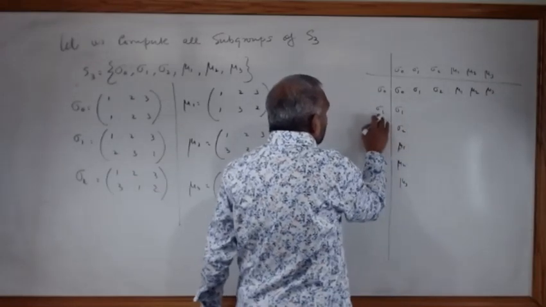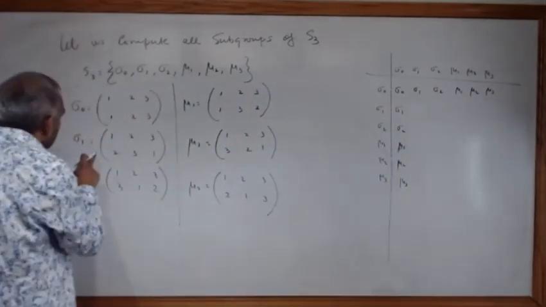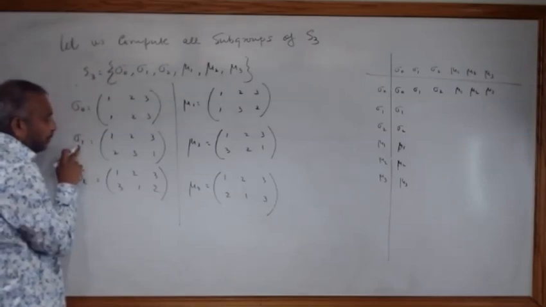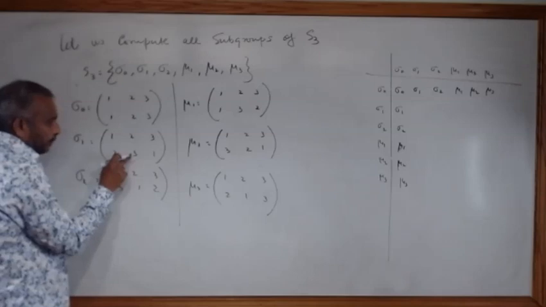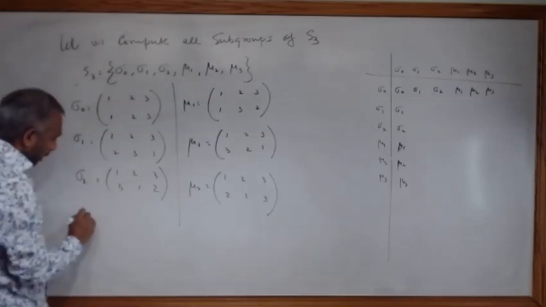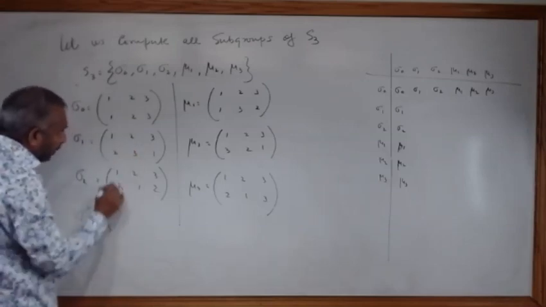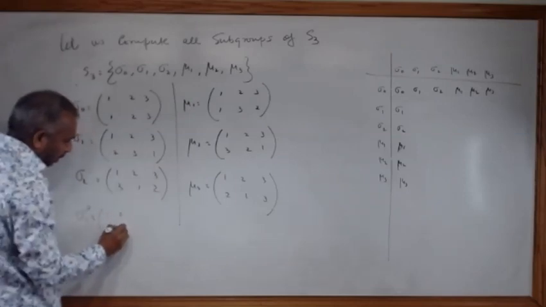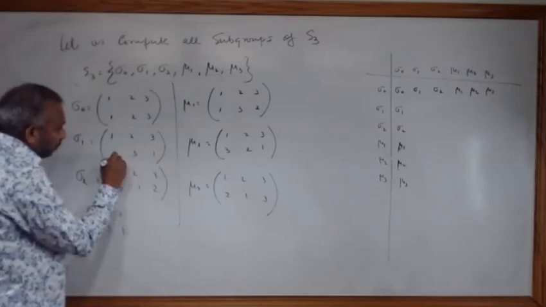But first let us compute sigma 1 square. Sigma 1 square means you are composing sigma 1 with itself. So 1 goes to 2 and 2 goes to 3. So sigma 1 square is going to be: 1 goes to 2 and 2 goes to 3, 2 goes to 3 and 3 goes to 1, and 3 goes to 1 and 1 goes to 2.